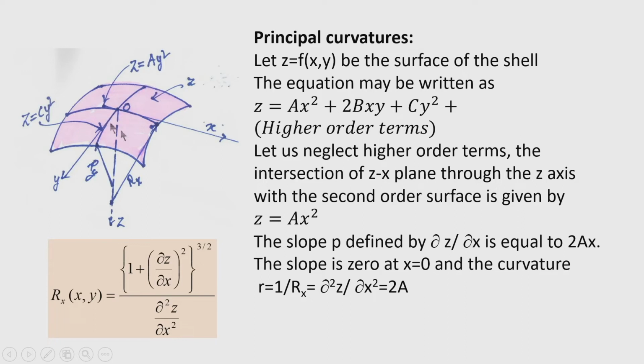So, these two curves are orthogonal here. Therefore, the slope in the x direction is 0 at x equal to 0, at the origin. If I substitute x equal to 0 in this equation, then del z by del x equals 0, that means p is 0.